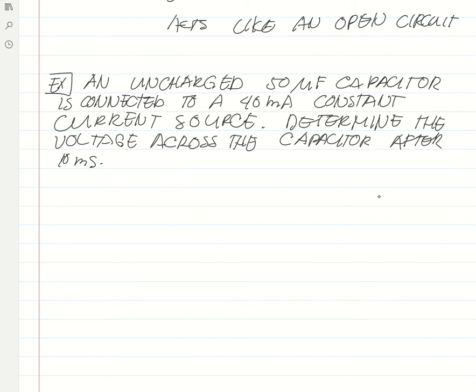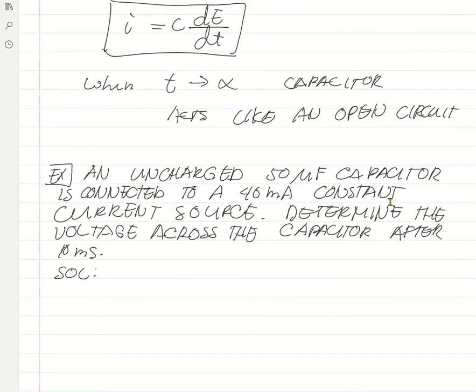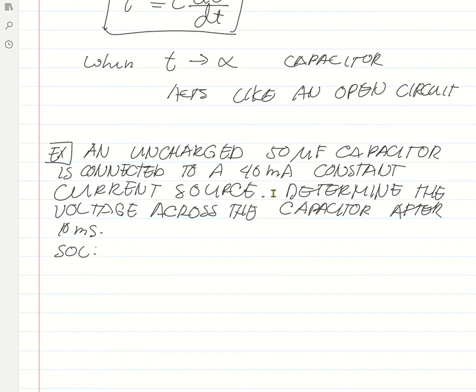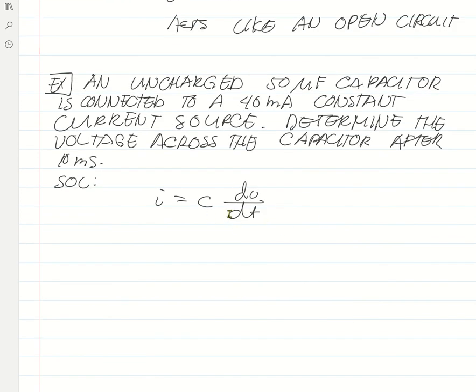So to solve this, we recall the formula that we derived for current, I equals C times dE dt, or dV dt, if you like to use V as your voltage. So I equals C times dV dt, where V here is the voltage across the capacitor.